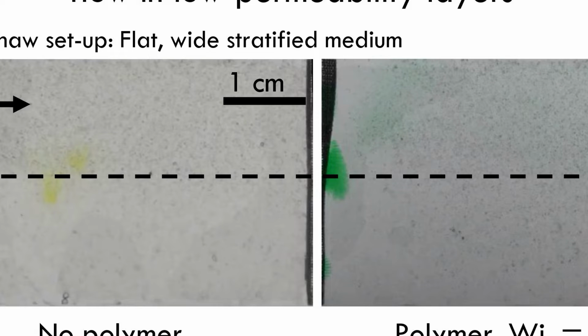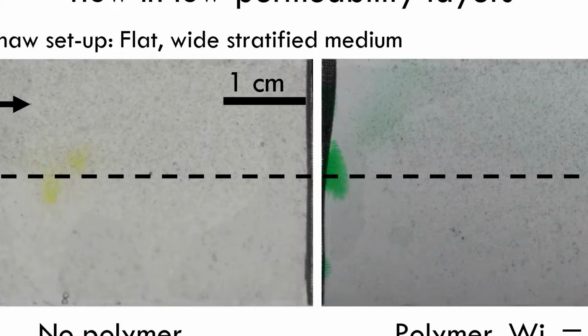And here's what happens. What you'll notice is that when we don't have polymers in the solution, we get much slower flow in the fine stratum, and once we add them, we get a lot faster flow. And so it seems to be the case that flow instabilities are increasing that flow speed in the low permeability layer. And we want to know why that's happening.